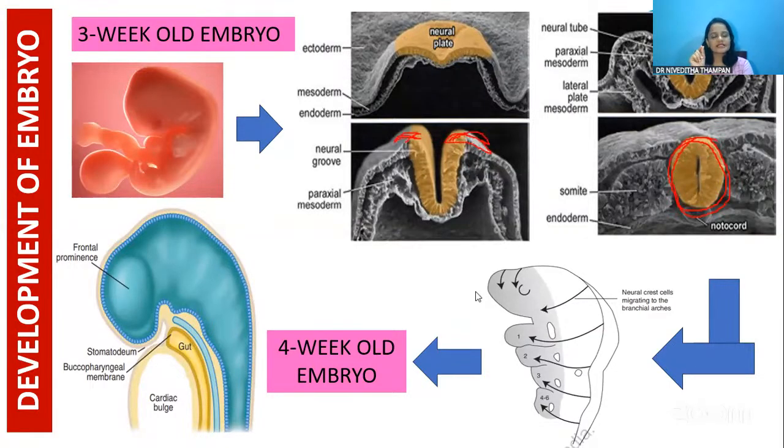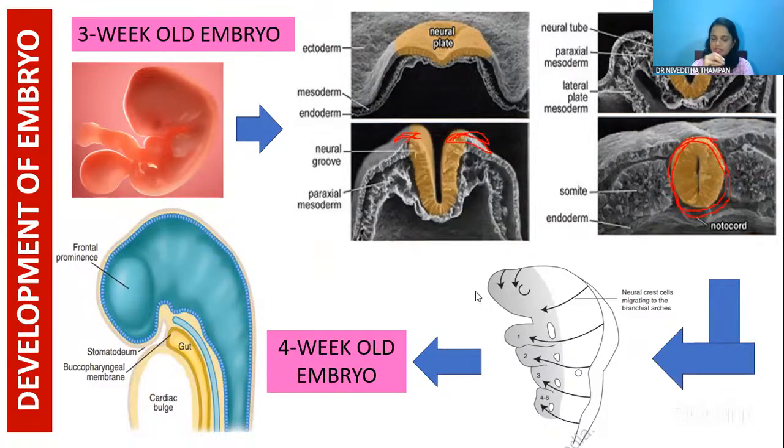These cells will migrate to the connective tissue in the head and neck region. Connective tissue is a term we use for a mature type of connective tissue, but during the development process we call it mesenchyme, the primitive form of connective tissue.